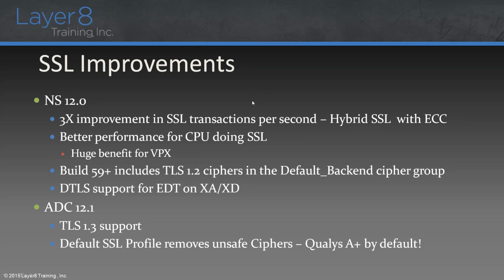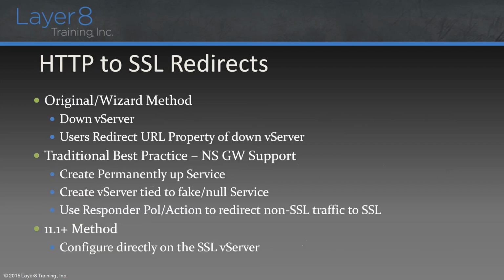Now, speaking of SSL, I want to talk a little bit about some of the SSL functionality on the NetScaler. For instance, HTTP to SSL redirects. This is kind of a fun one, and we have fun with this in class, and we pick on certain people that are using this. But in reality, there's a nice down and dirty, easy way to do an HTTP to SSL redirect.